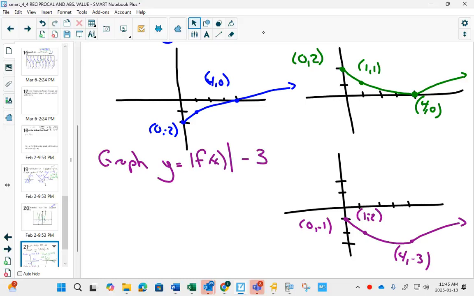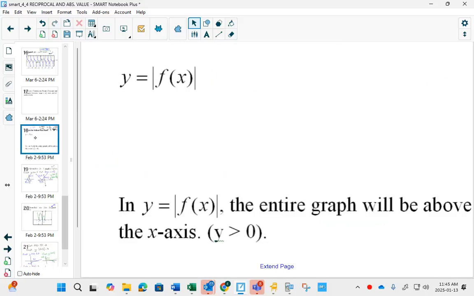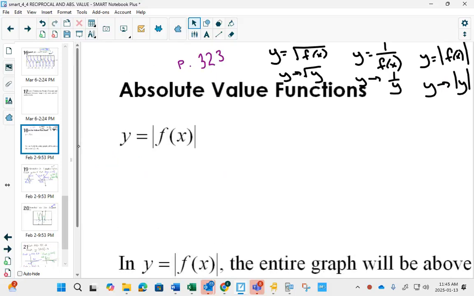So if they do combine transformations that way, just think about, well, what could happen here? Absolute value by itself is always positive, but if you do something after, it could change. So if you combine, and I guess this is possible, they could do this with any one of these 3 special ones.